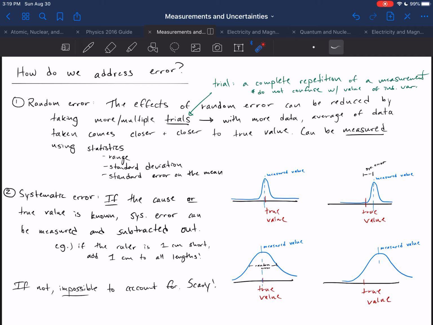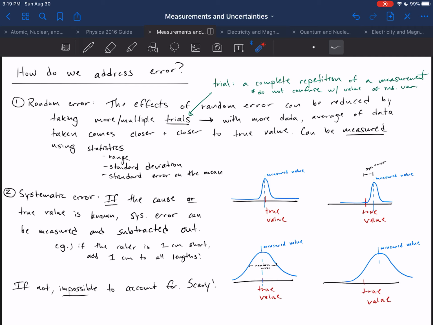So if for whatever reason you happen to know the actual value of what it is that you're trying to measure, you can measure that systematic error and subtract it out. That is, you can measure the distance away from that true value and simply subtract that distance from every one of your values. You'll notice the problem with this is that it presumes you already know the true value.